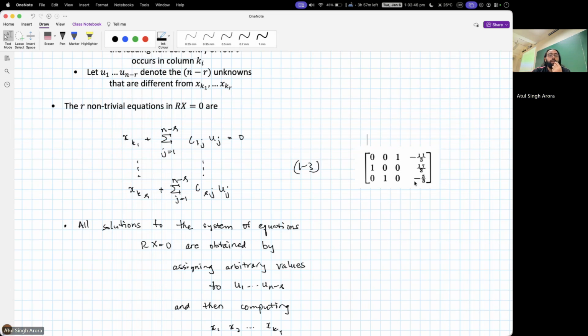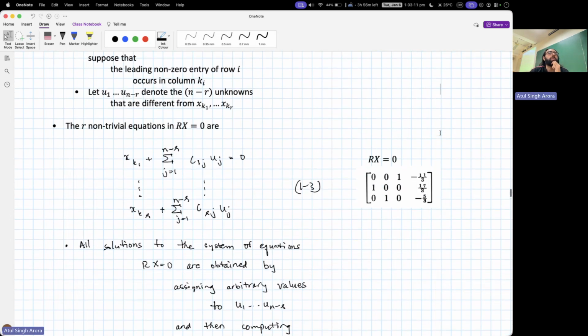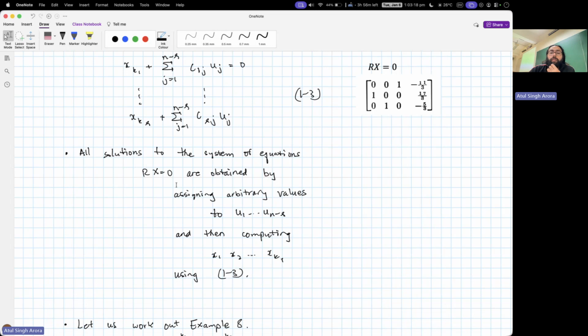So you have xk1, xk2, and so on, all the way to xkr, plus some extra coefficients which would come from these extra columns. Okay, so that's what we're writing, and this is equal to 0 because we're trying to write Rx equal to 0. That is, and R is this matrix over here.